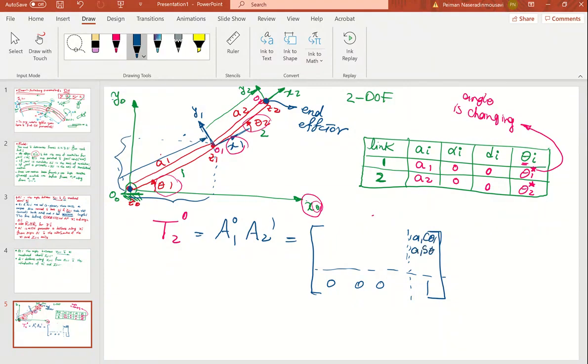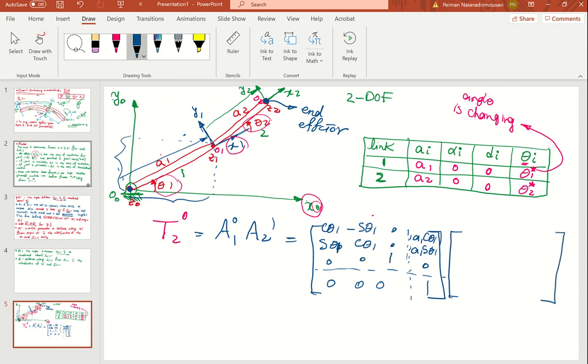Now the axes with respect to each other. Axis x1 is cosine theta 1, x1 with respect to y0 is sine theta 1, and 0 obviously. Y1 with respect to x0 is minus sine theta 1, cosine theta 1. Because they are parallel, these are like that.